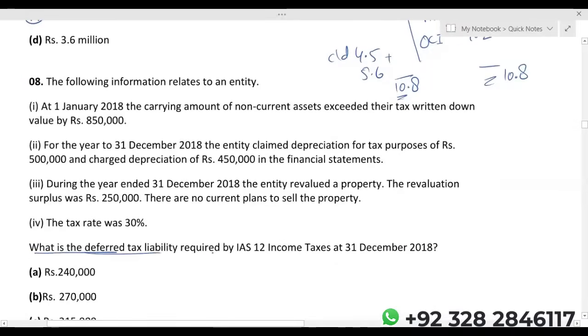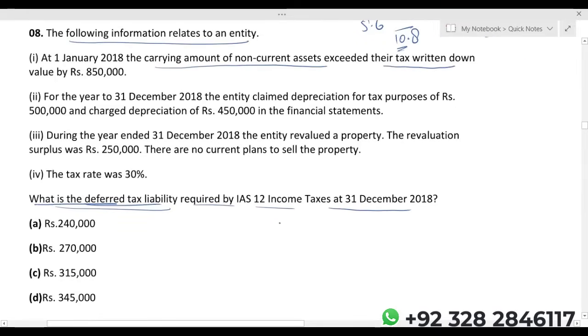What is the deferred tax liability required by IAS 12 Income Taxes at December 18? The following information relates to an entity. We just need to calculate the deferred tax liability. On January X1, the carrying amount of non-current assets exceeded their tax written down value. Carrying amount, tax base, temporary difference for non-current assets.